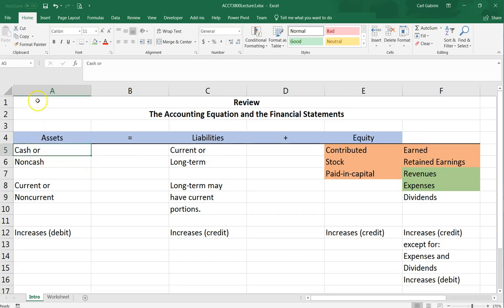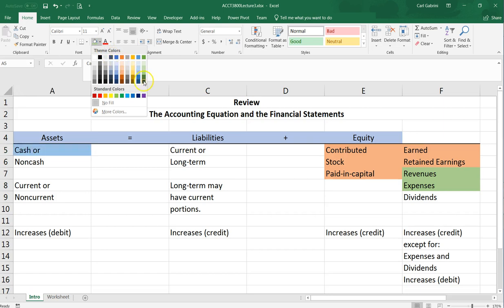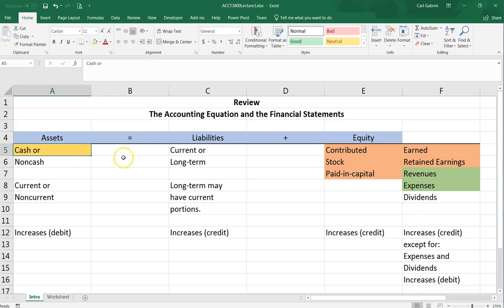Even over here, when we look at just cash, I'll pick that one. Even when we look at cash, the statement of cash flows is represented because remember that in the balance sheet you see one single number for cash, but that represents the aggregate of all the individual transactions that occurred within the cash accounts.